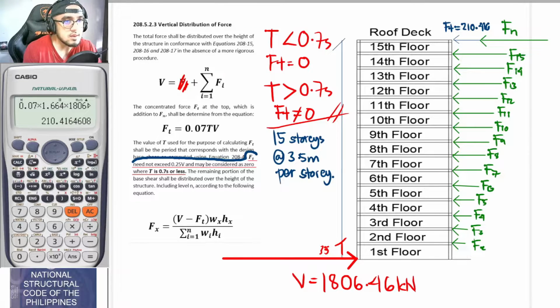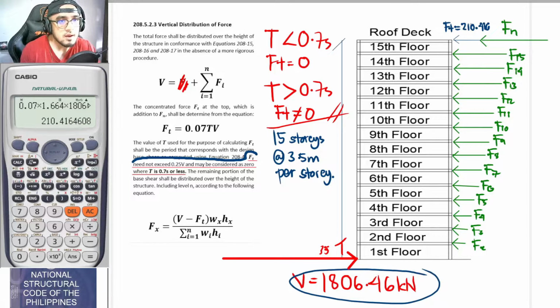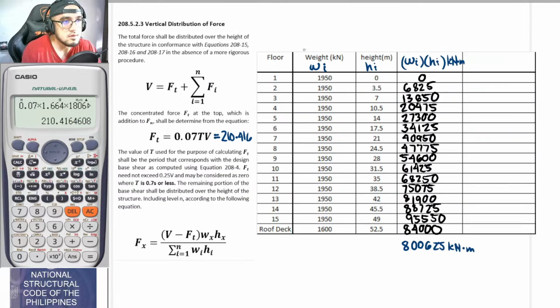Okay, so with that, the difference between V and this one, I will just be writing them here. So suppose that V is equal to 1806.46 and that Ft is equal to 210.416.